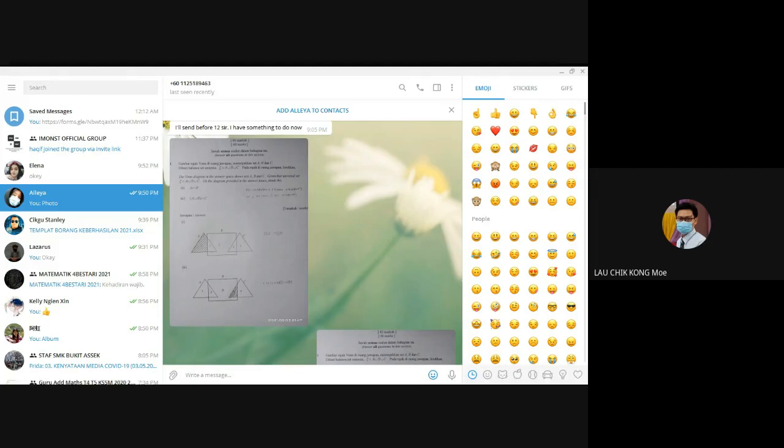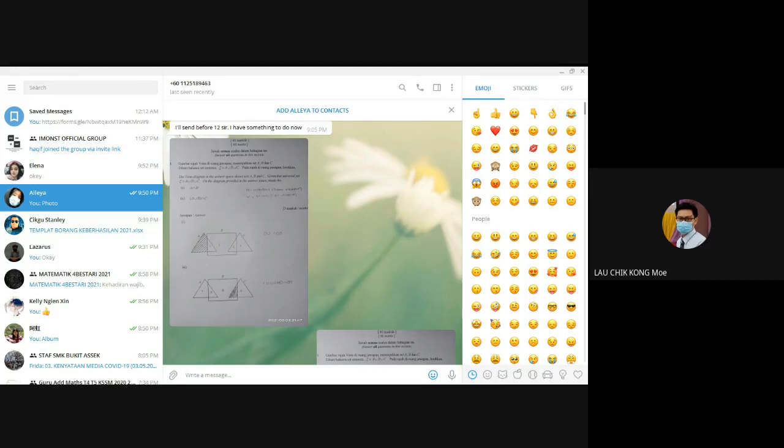So A is 1 2, B is 2 3 4. 1 2 union 2 3 4 is 1 2 3 4. Then intersect with C, which is 4 5. Intersect means we take the same number. 1 2 3 4 intersect 4 5, only one number is the same. So the final answer is 4, and you shade the space with the number 4.